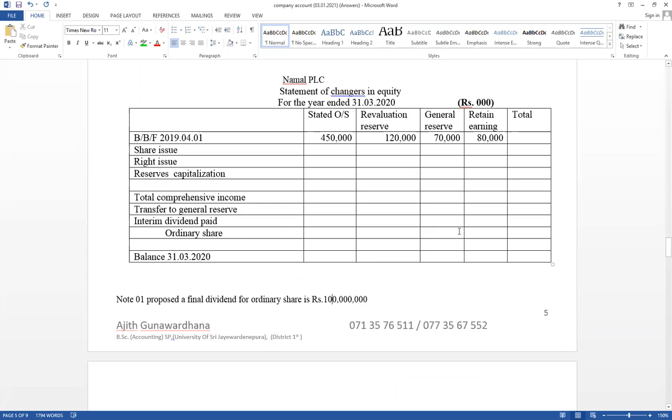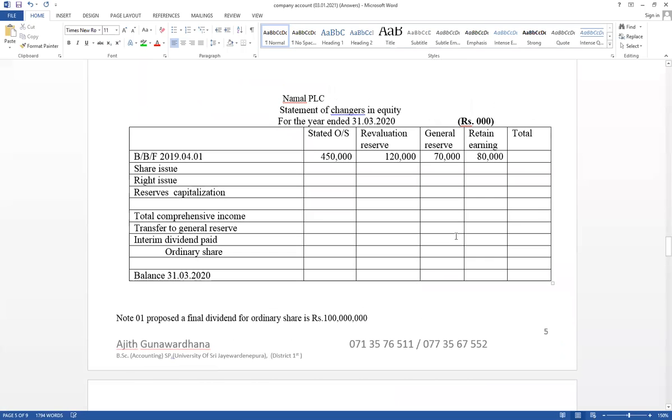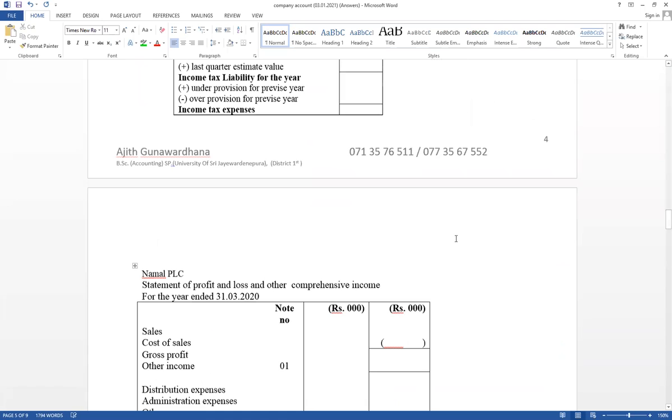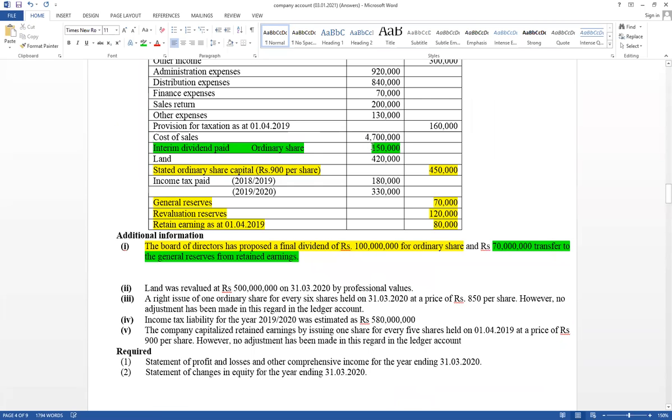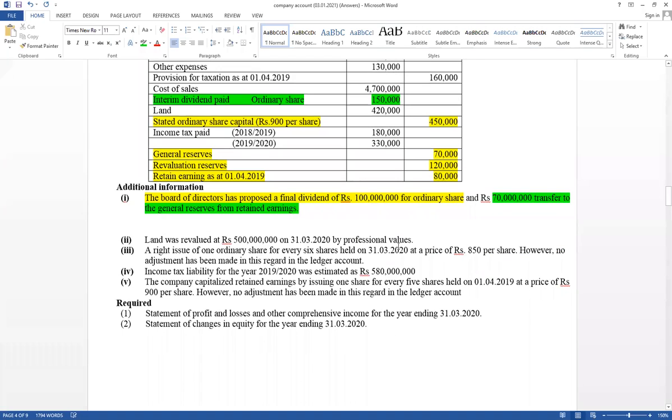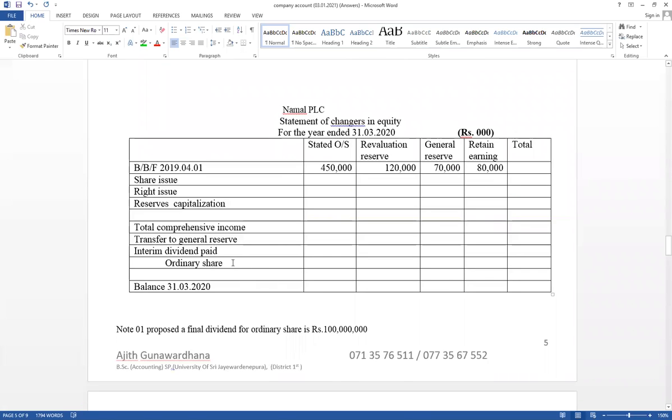But interim dividends, it has given in the trial balance. See the trial balance debit side, it has given interim dividends paid 150,000. That value should be deducted from the retained earning column. 150,000 in the retained earning column in the statement of change in equity, as dividends paid for ordinary shares.